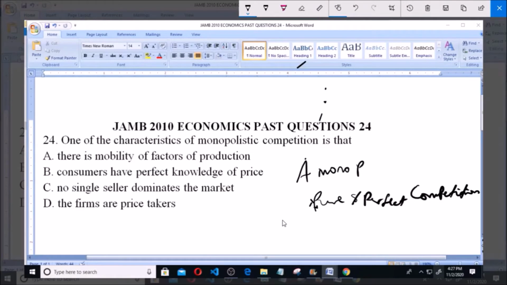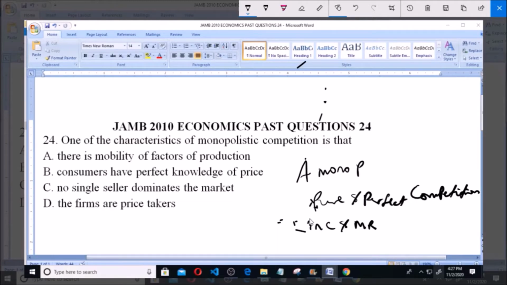Price and quantity are determined by the producer or supplier. Price is higher than both MC and MR, marginal cost and marginal revenue. Entry and exit are restricted. It has control over price or output, that is, it's a price giver.